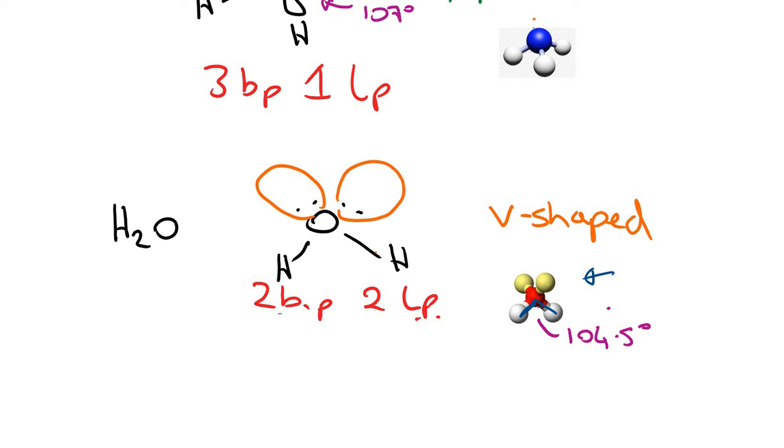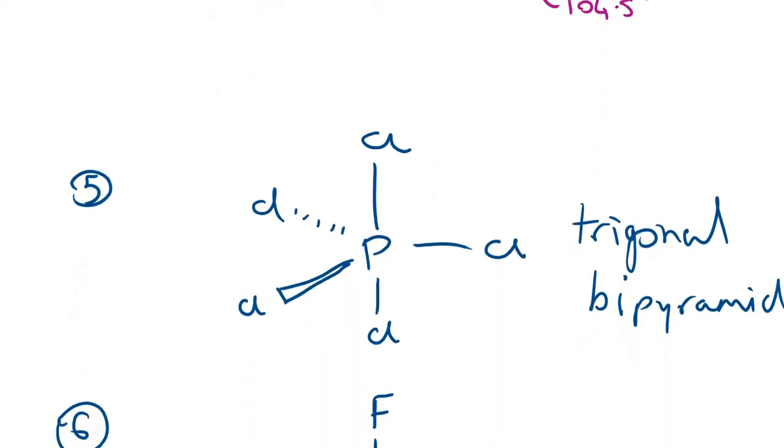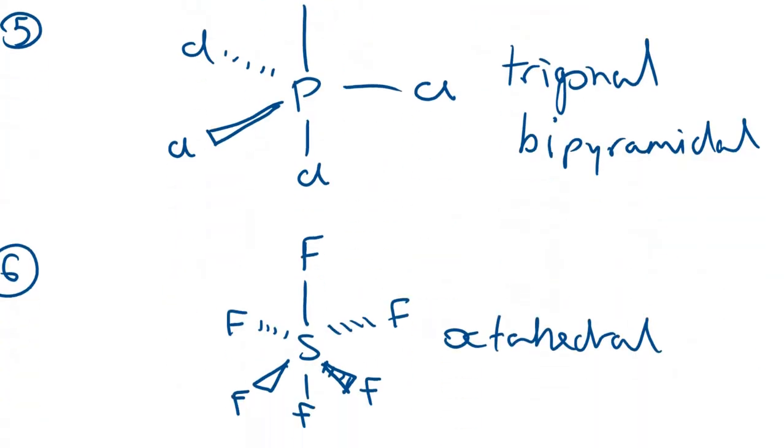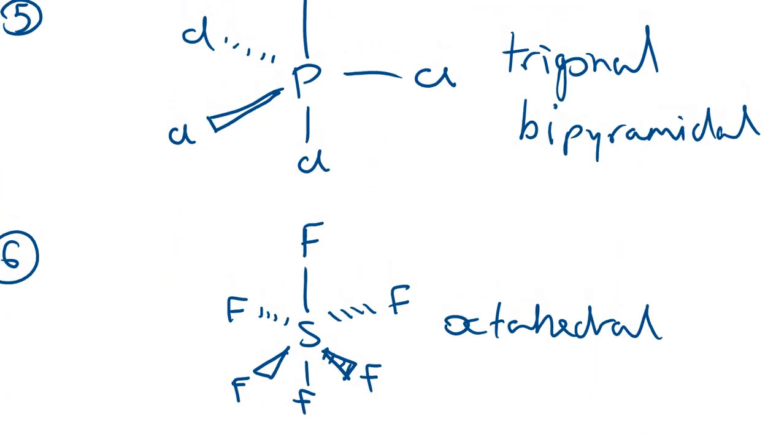So that's pretty much it for the simple molecular substances for the Leaving Cert course. If I increase the number of electron pairs around the central atom to 5, I get what's known as a trigonal bipyramidal, like this. And if I increase the electron pairs around the central atom to 6, I get an octahedral shape.